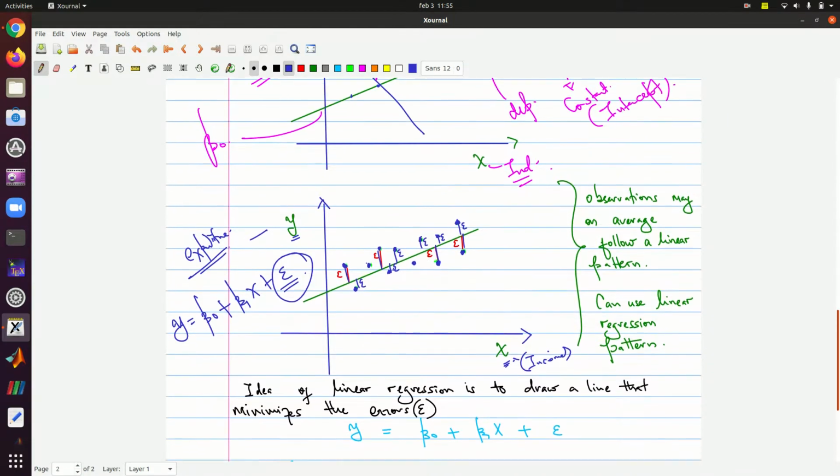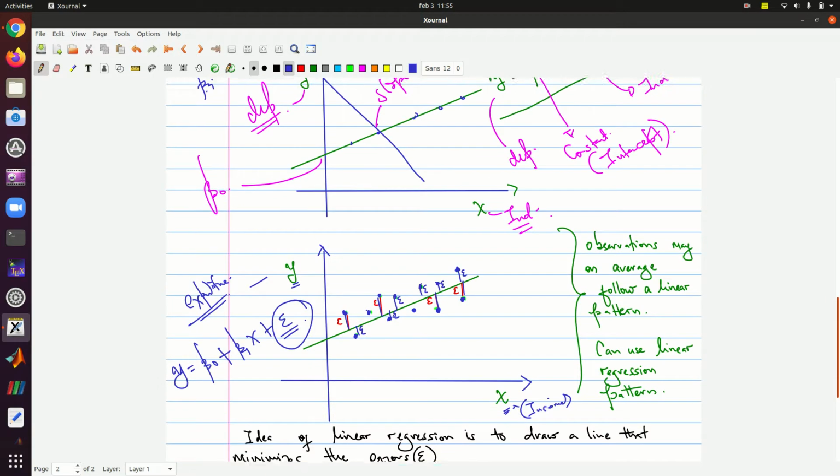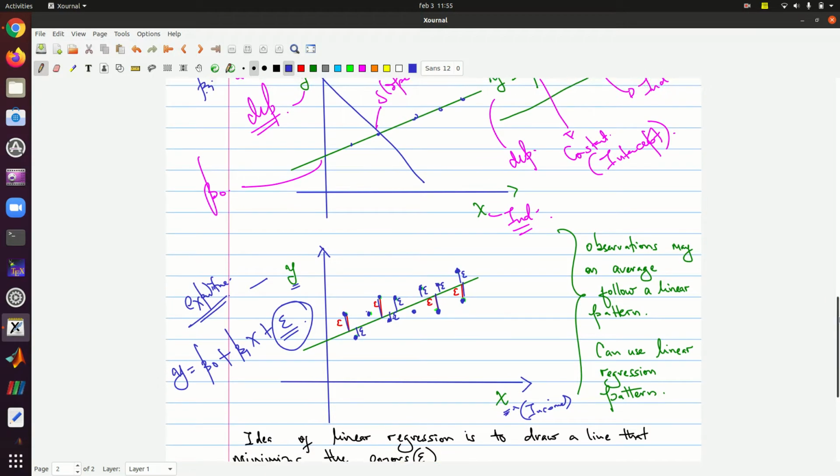Maybe one thing I should look up is the patterns of regression. Is it called patterns? Let me see, what do I want to look for here?